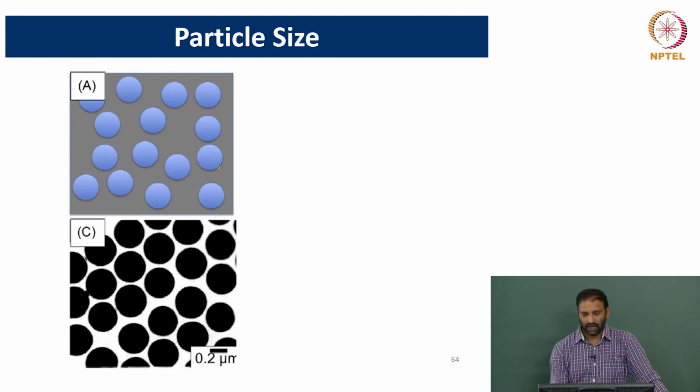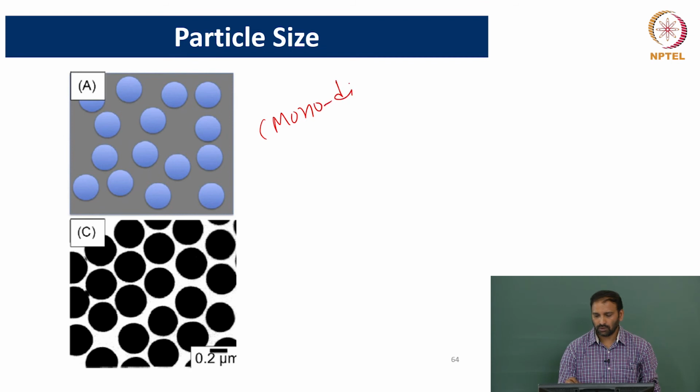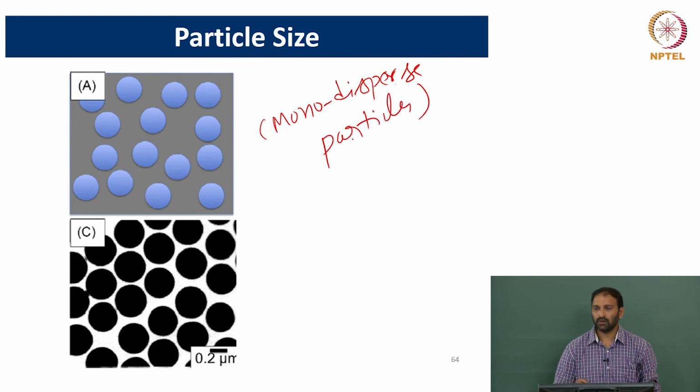Such particles, where the particles are of identical size, are referred to as monodisperse particles. That means all these particles are of exactly the same size.